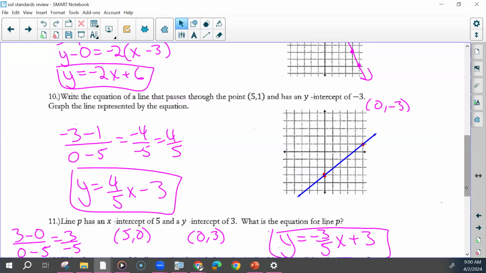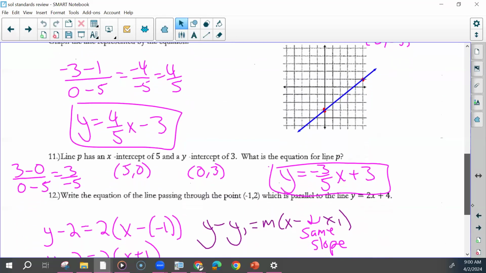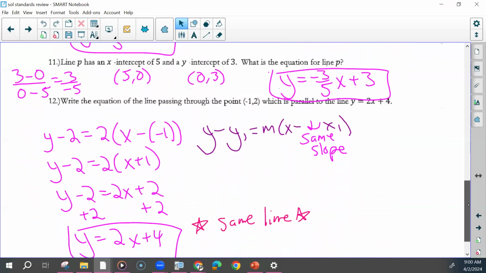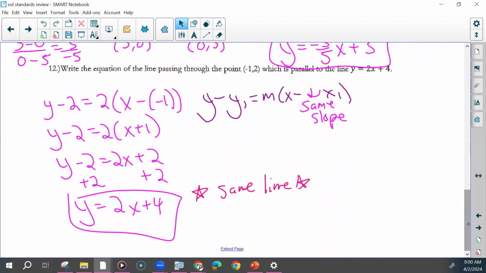Number 11, y equals -3/5 x plus 3. And then in number 12, it asked for a line that'd be parallel, but you ended up getting the exact same line, so they actually wouldn't be parallel. But y equals 2x plus 4 was that answer.